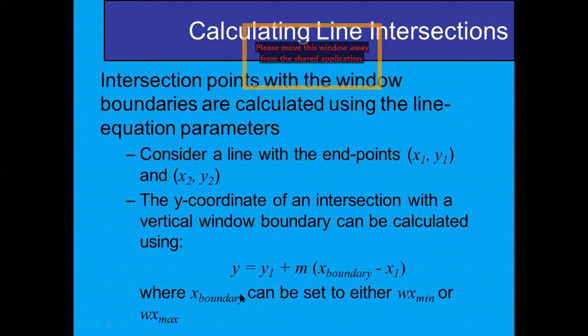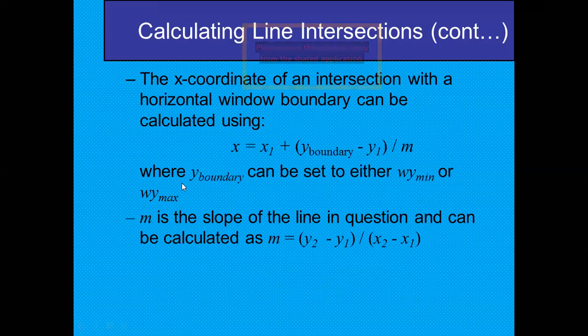Okay, and for the x coordinate, if we are going to calculate that, then we will use x is equal to x1 plus the y boundary, and for the y boundary similarly we can choose the y min or y max. Okay, so these are called the intersection point, and this x and y will be called the intersection points for a particular window edge.